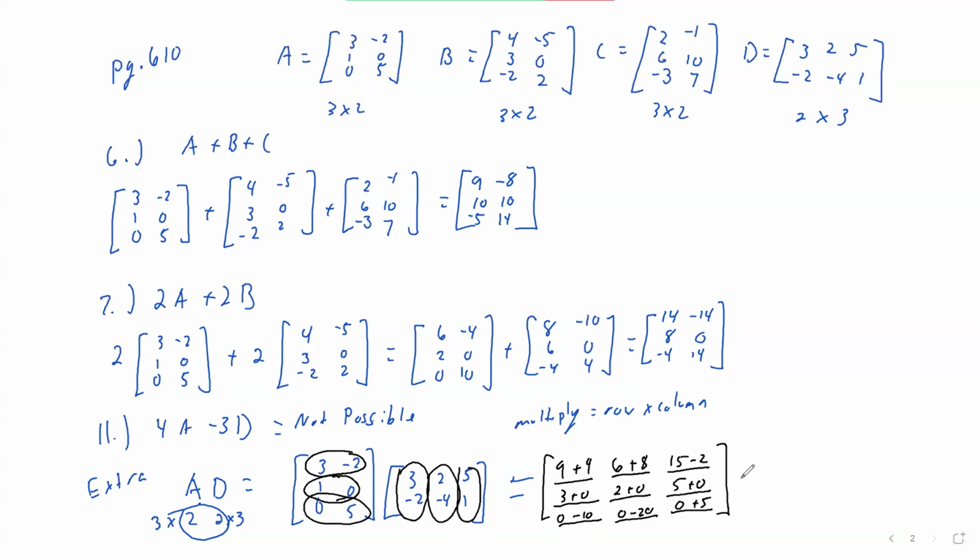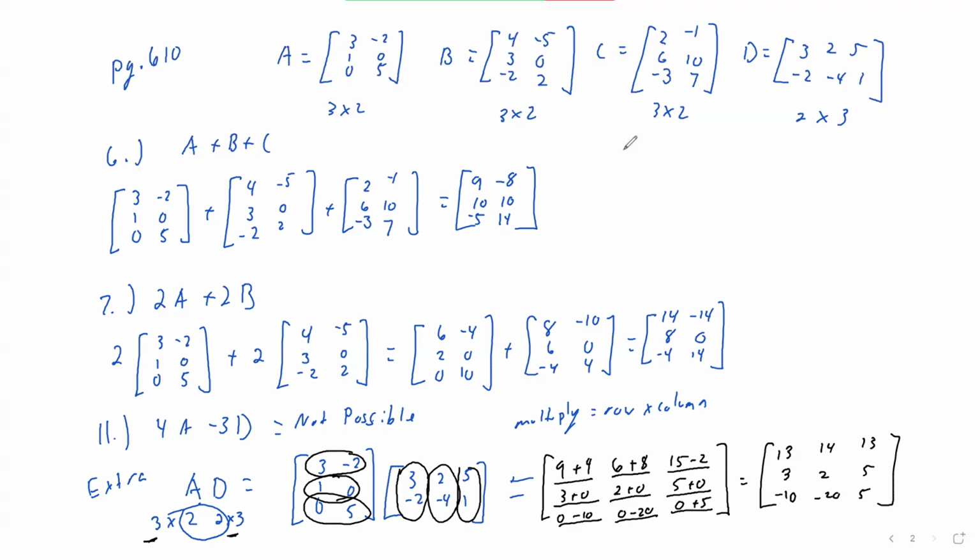Again, if you did all that math in your head, kudos, but you get 13, 3, -10, 14, 2, -20, 13, 5, and 5. Notice the answer was a 3 by 3 matrix, which is the outside part of your matrix.